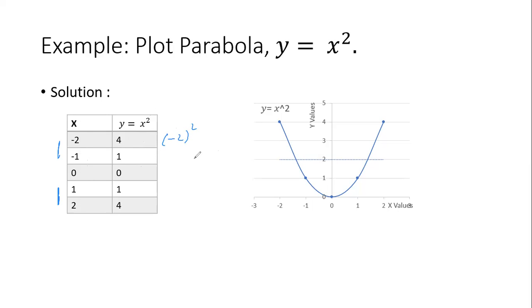Then plot these x and y coordinates on the graph. We get this parabola. This is y equals x square. y equals x square is the same as, in function notation, f of x equals x square. These two are identical.